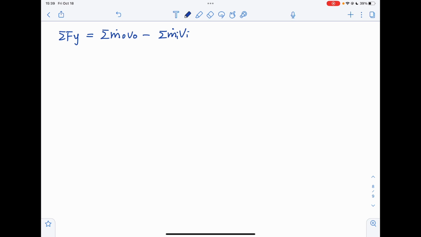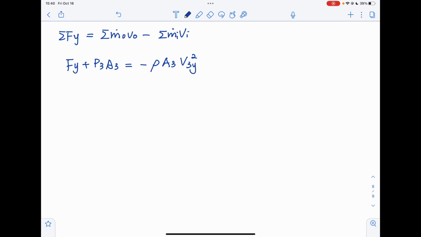Fy, here we only have the outlet 3 values, so Fy plus P3A3 equals, because we have nothing moving out, it's 0 for the first term, and negative rho A3 V3y.